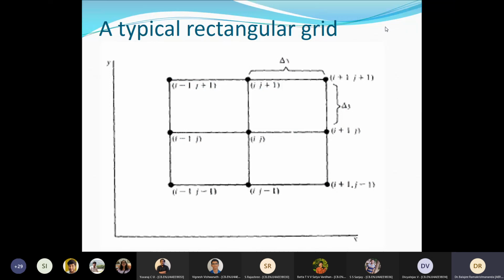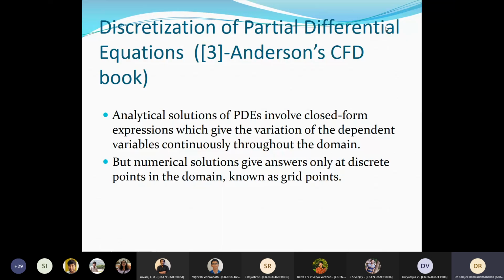CFD, I am just taking a small detour here. CFD is one area in aerospace where you have more job openings.